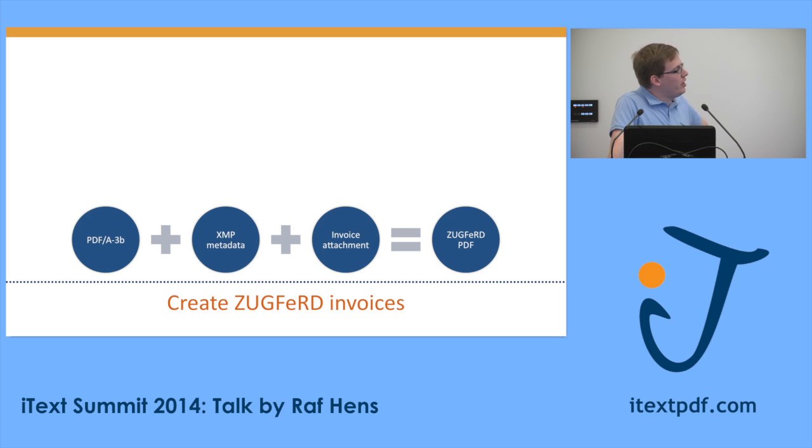So PDF/A-3 is the base level for ZUGFeRD. So we're starting with the PDF/A-3B technology. We have to add proper XMP metadata identifying this file as ZUGFeRD compliant. And we have to attach the invoice, the electronic invoice, as an XML attachment to this PDF to make it a valid ZUGFeRD file.